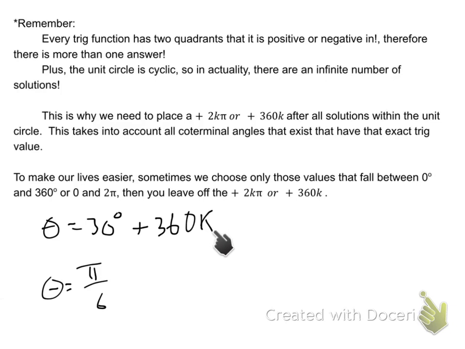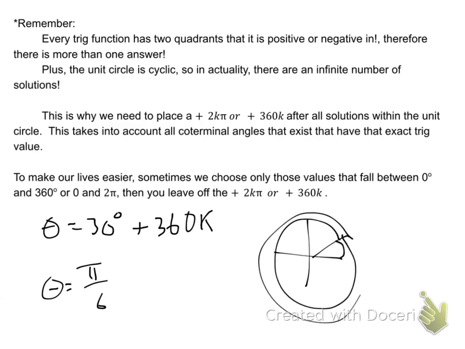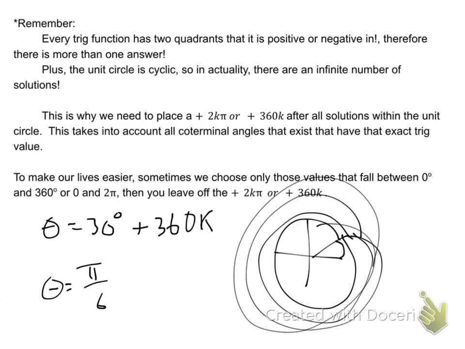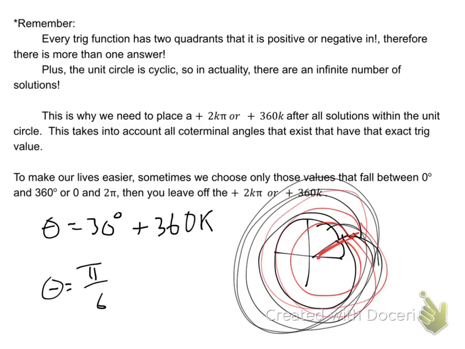So I can multiply it by -1, -2, -3, 0, that would make it just 30, or 1, 2, 3, 4. And I can find an infinite amount of answers. When I go to the circle, I'm here. Add 360, I'm here. Add another 360, I'm there. And again, and again, and again. Or, again, I can take the 30, which is here, and subtract 360.